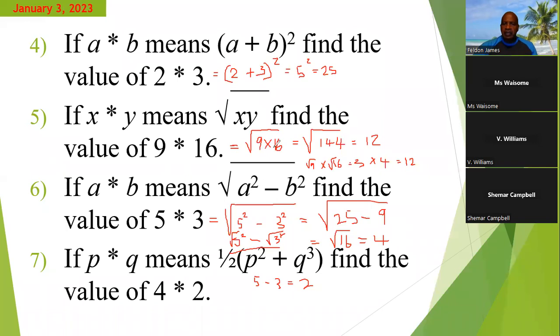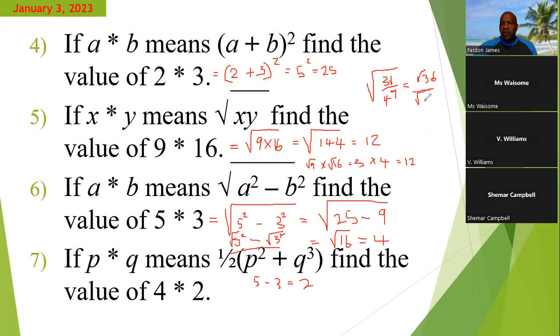We could do it with multiplication, or we could even do it with division. If we have the square root of 36 over 49, this could be written as square root of 36 over the square root of 49.